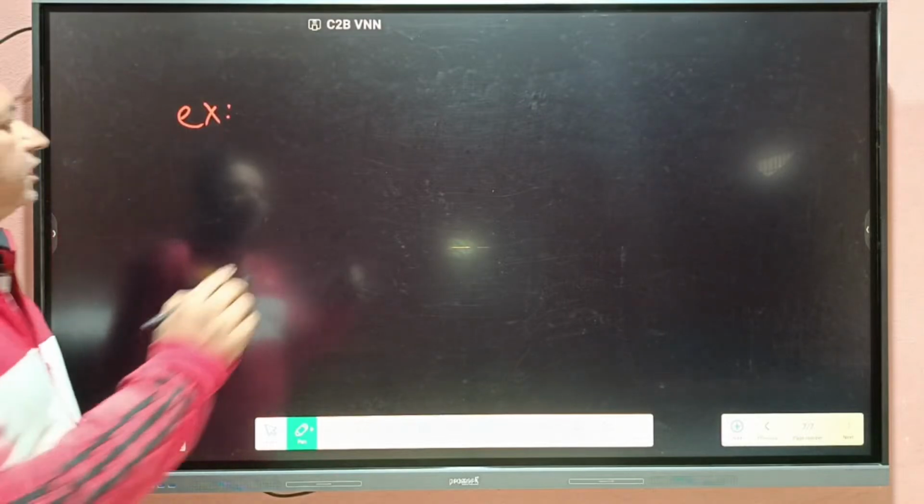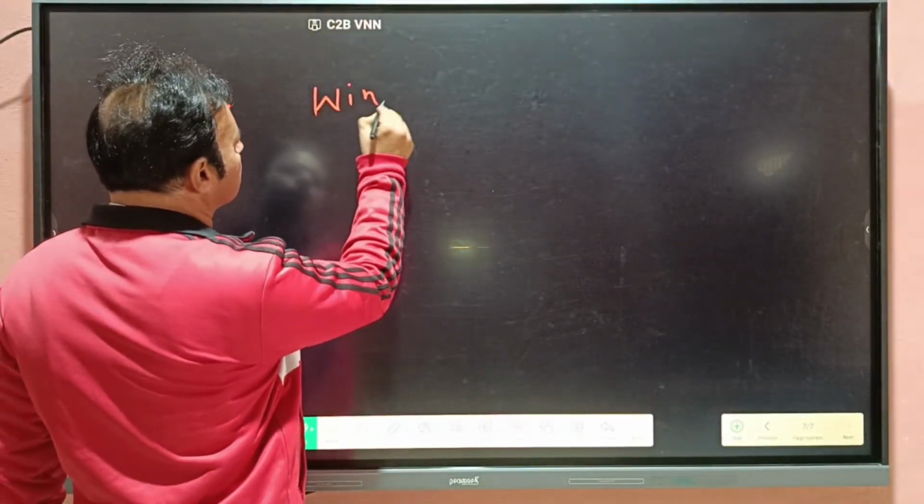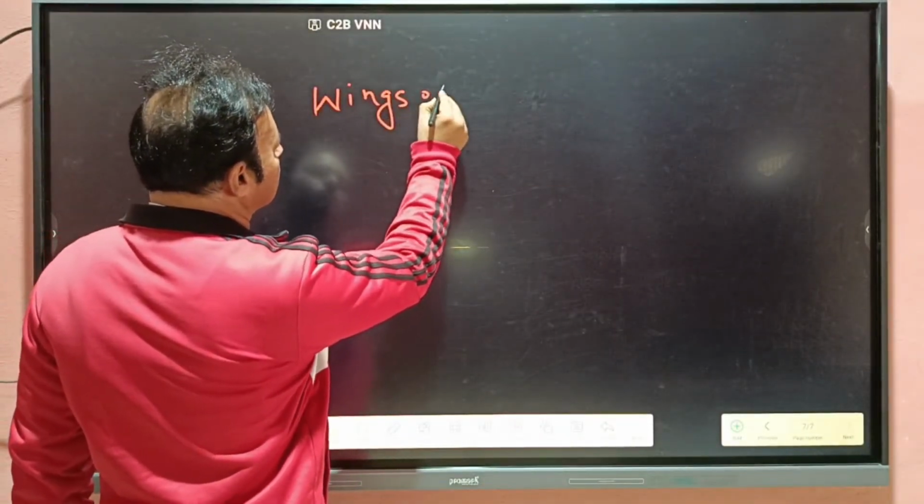First is the wings of the butterfly and birds.